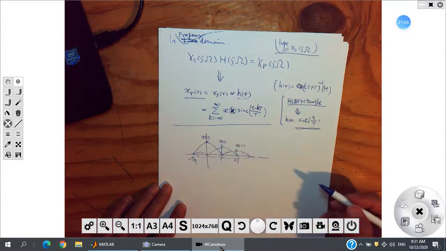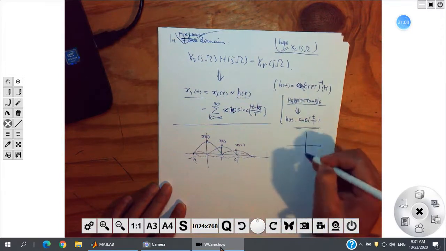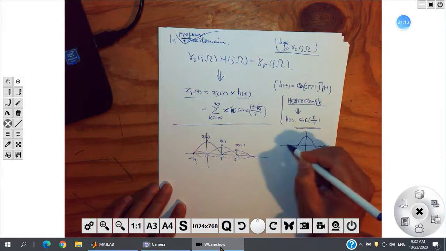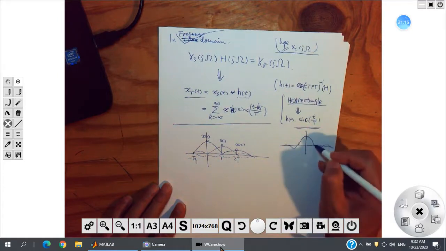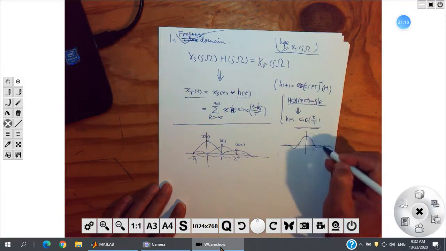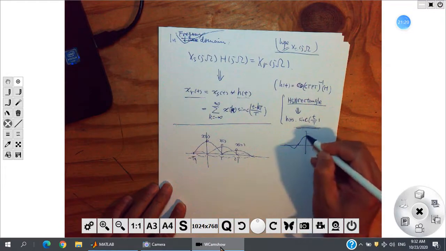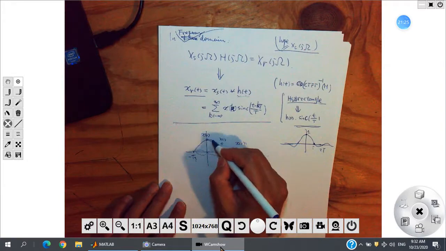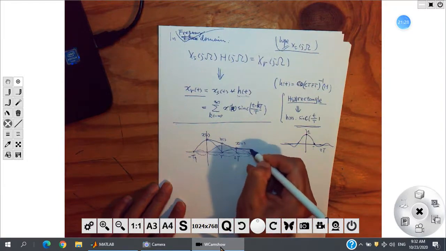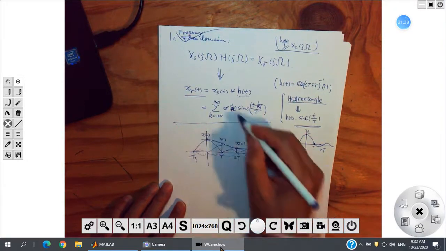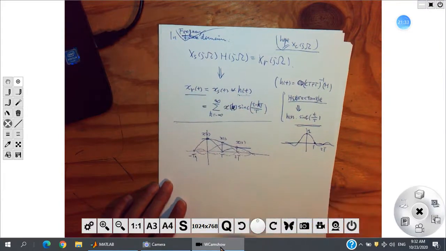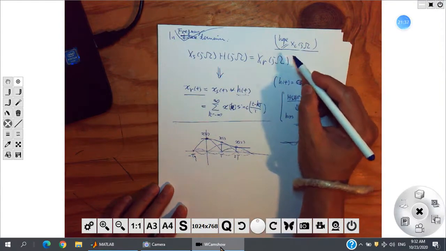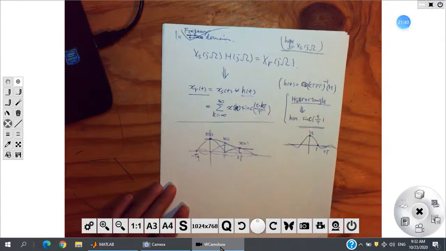Each sinc function looks like this, with peak 1 at its sample point. Then do the summation, and you will have the curve. This curve gives us xr of t, and xr will equal xc when we have the Nyquist condition.